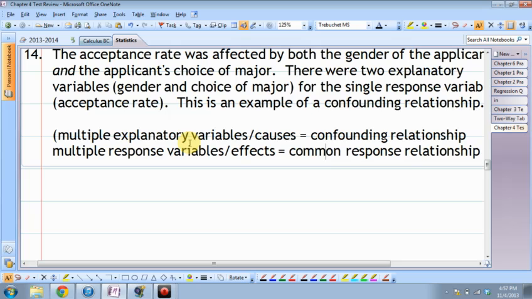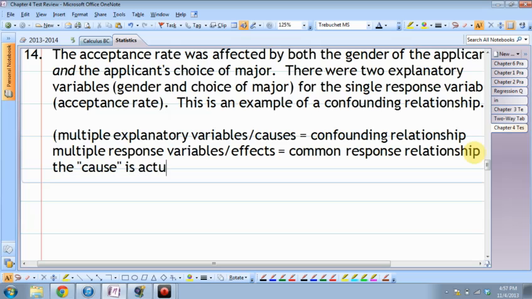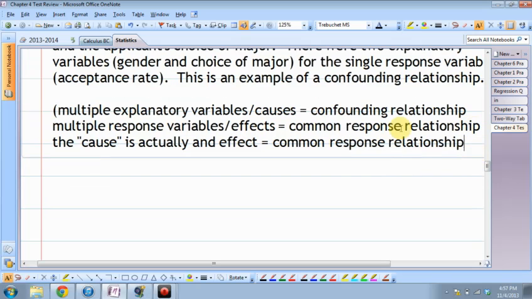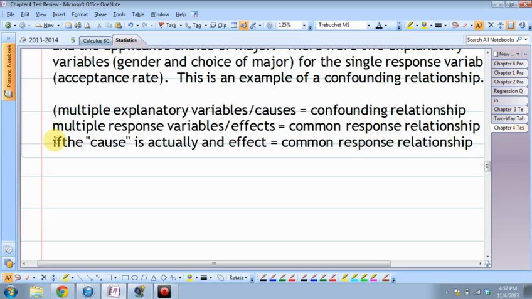If the cause is really an effect. The population growth affects the number of high school grads. That makes sense.